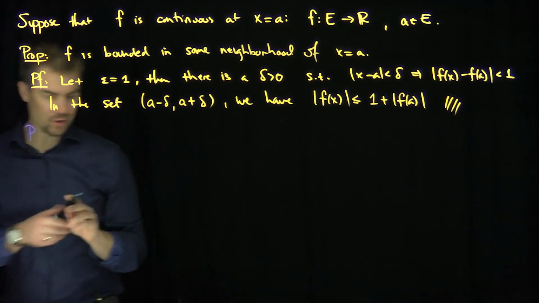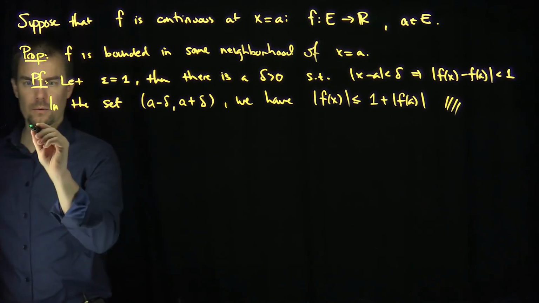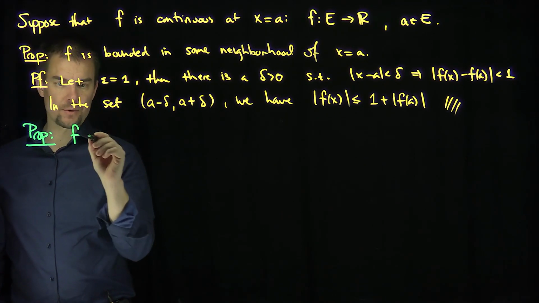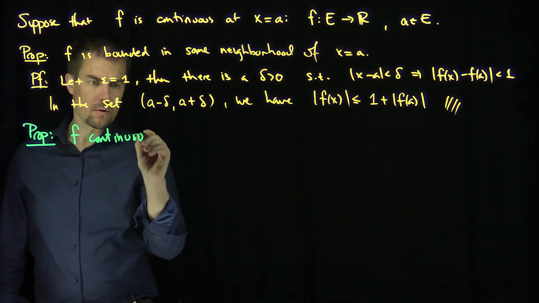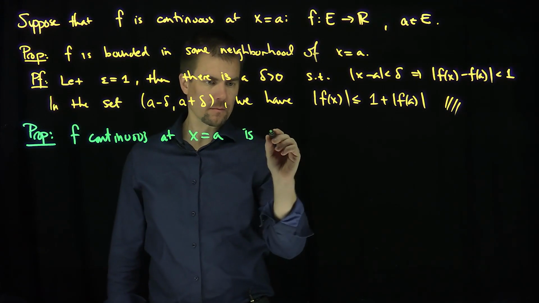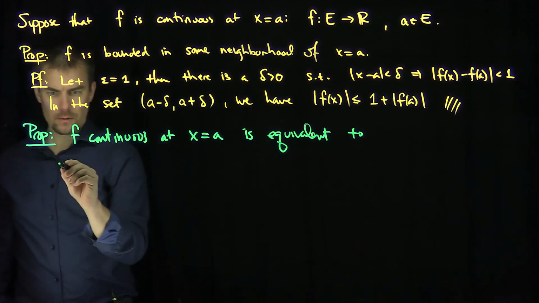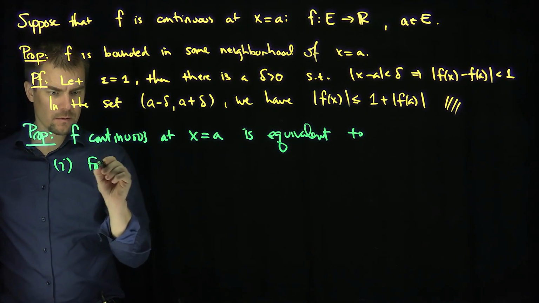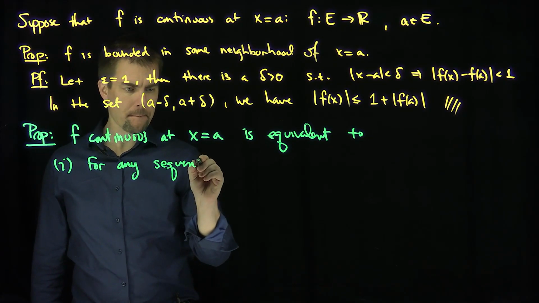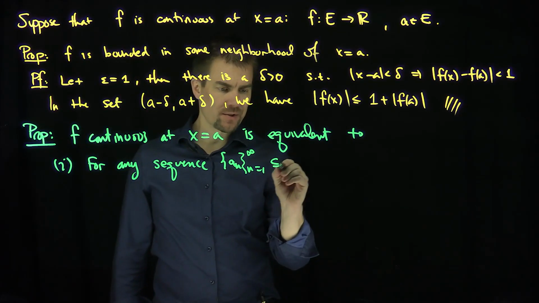Here's a proposition. f is continuous at a is equivalent to this: for any sequence a_n, n goes from 1 to infinity, and the sequence needs to be contained in where?